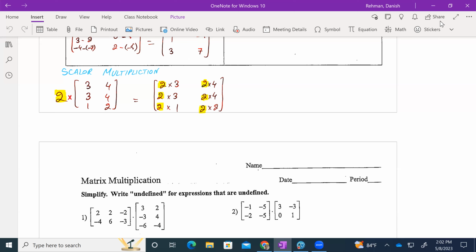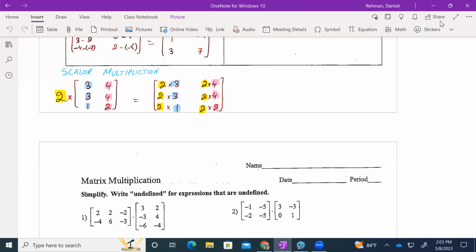What were the different elements in the matrix? 3, 3, 1. So in that first column, each of the elements is multiplied by 2. Then I had in the second column a 4, 4, and a 2. That got multiplied with the same 2 which was outside. That's the scalar multiplication. Easy, not difficult at all.